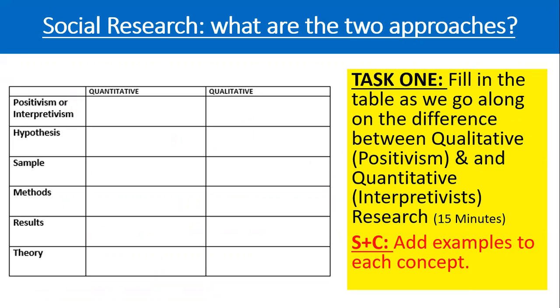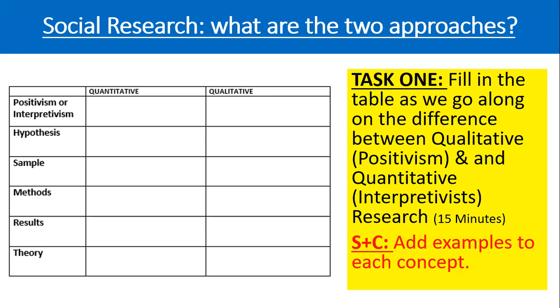And it's not something you really need to know in a lot of detail for GCSE, but it's mainly A-level and university, but it does help to get in the mindset of those approaches. We're then going to establish whether they have hypotheses, whether they use samples or what type they use, their methodology, the results, the type of results they want, and what theories generally are associated with which approach.